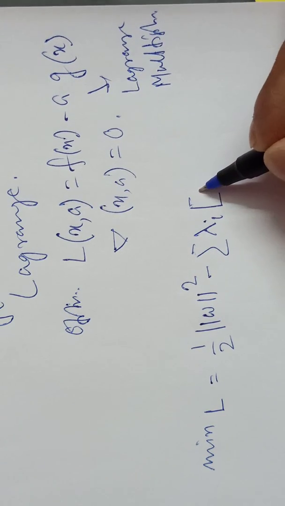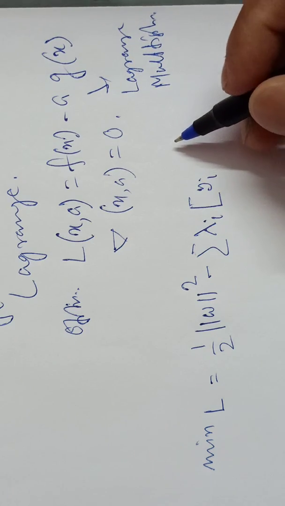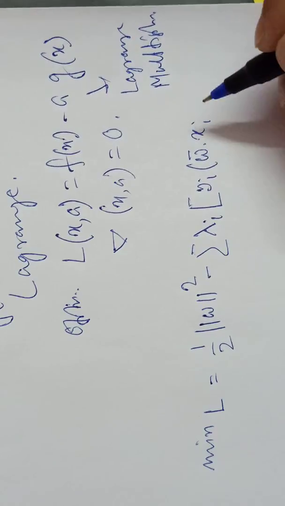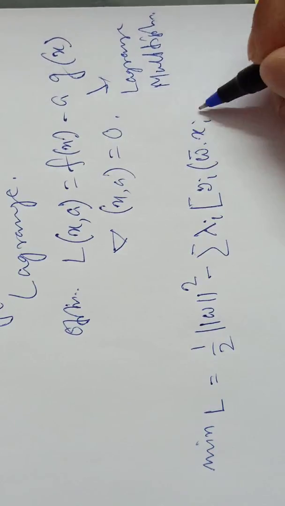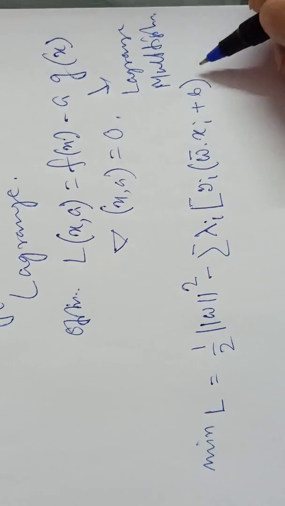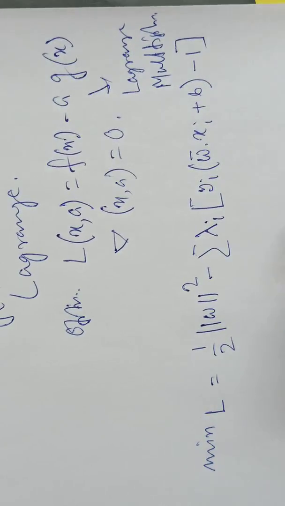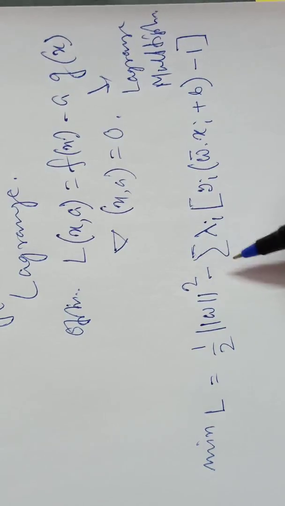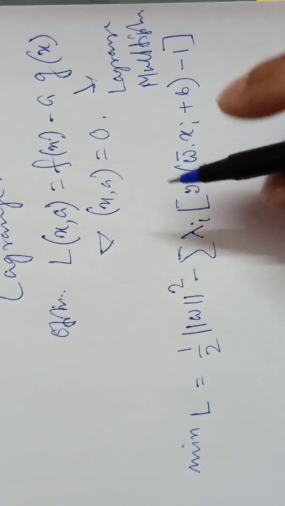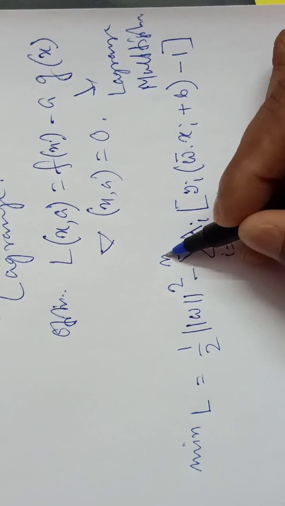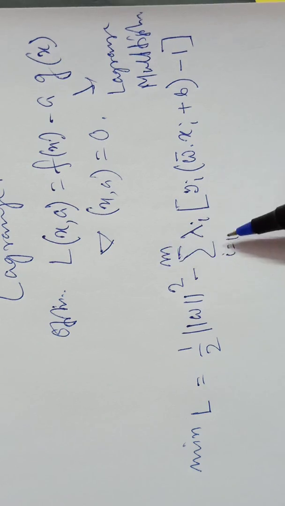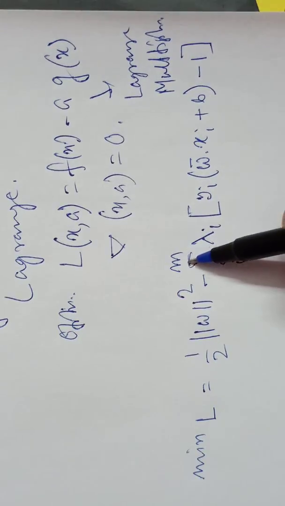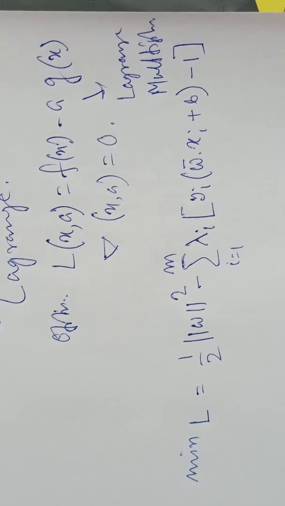What is g(x)? g(x) is yi (w bar xi plus b) minus 1. Okay, since we have m number of data, we are applying this minimization for m number of data, therefore we have taken the sum of all these.